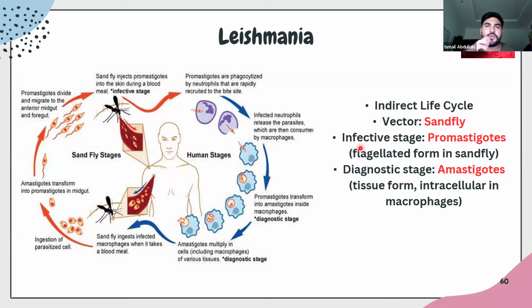It has a flagellum, like sperm, how they have flagella and swim. Same thing with promastigotes. The diagnostic stage is going to be the amastigote. So it's going to be this large macrophage with dots and dots of cells, which were the promastigotes that became amastigotes and were phagocytosed.